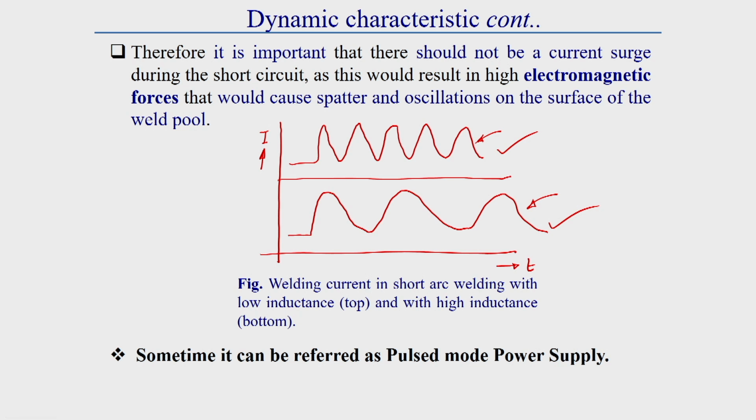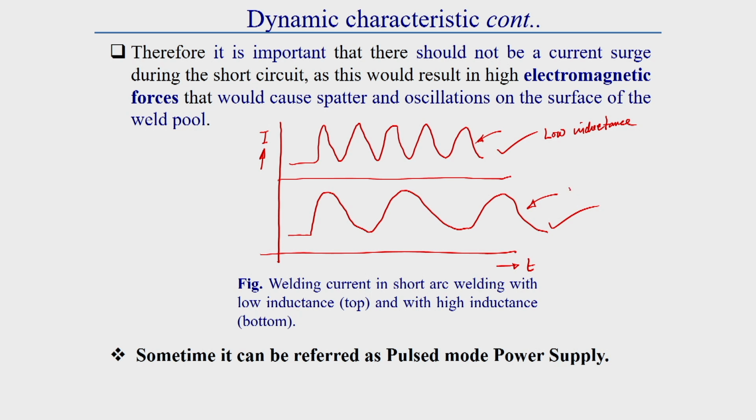Why did this happen? This curve is due to the application of an inductor. In the first figure the inductance is low, and if the inductance is low, we observe a high number of pulses.